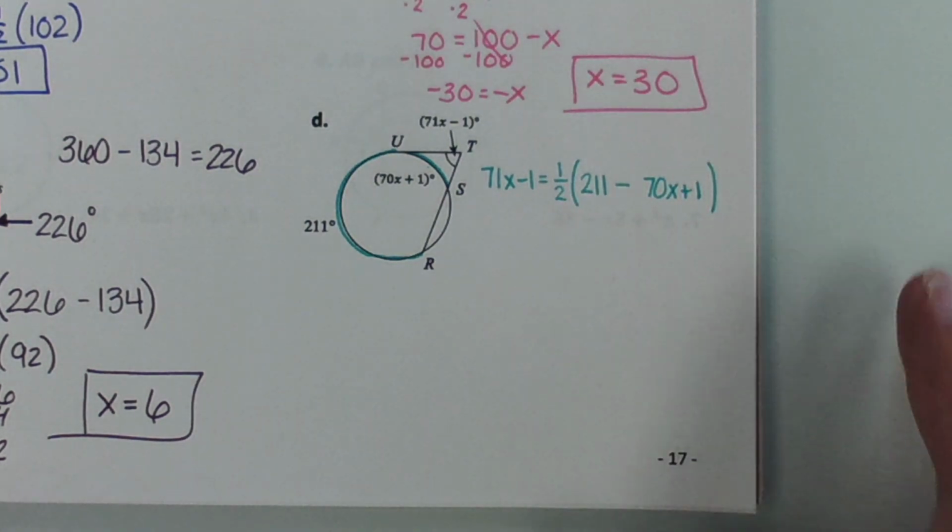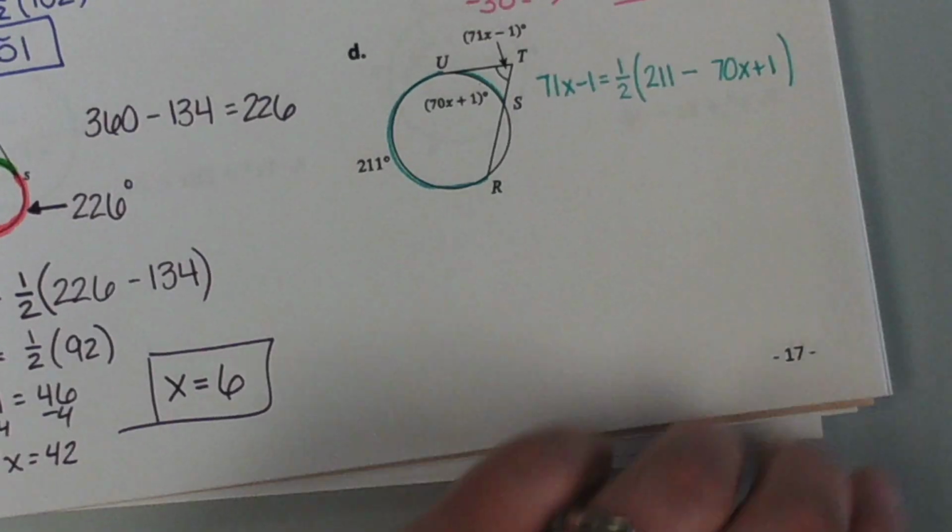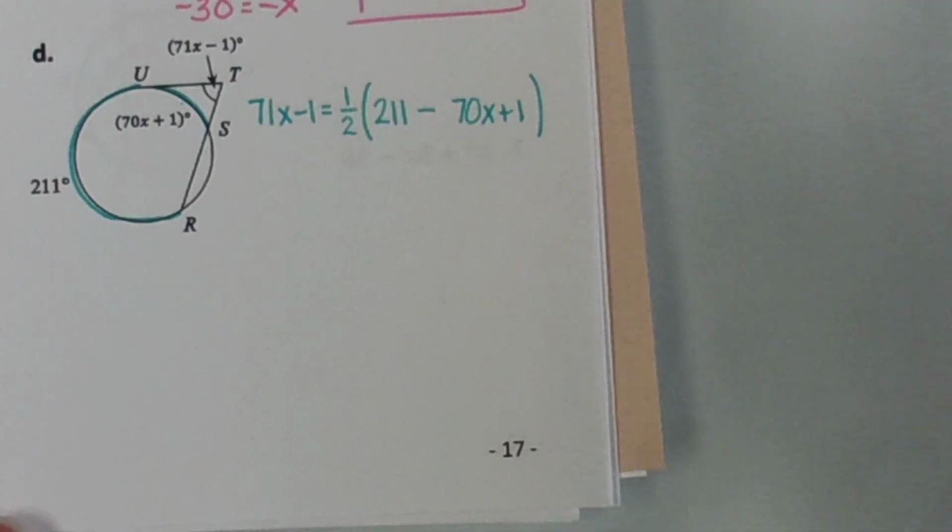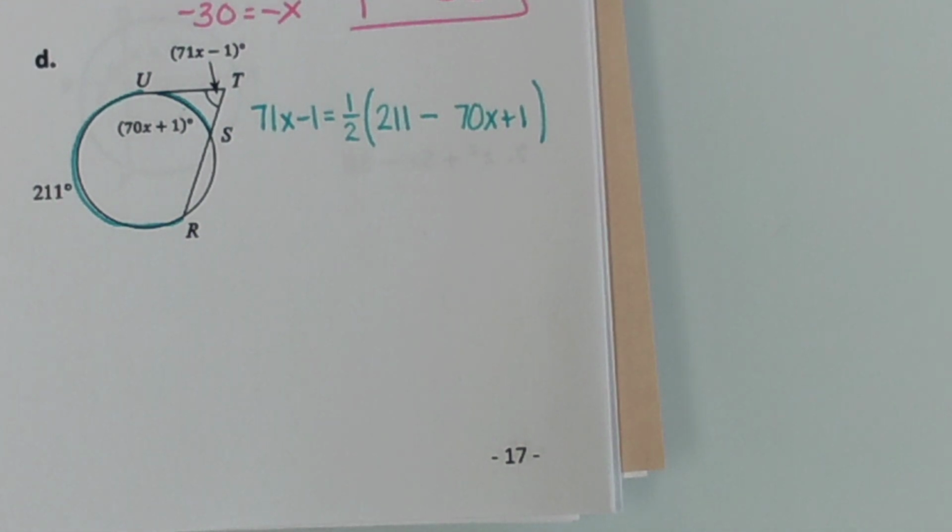The biggest problem comes with the setup, with making this formula, because I'm going to tell you right now this is technically not right. You don't need to erase it. There's just one tiny little problem. I'm supposed to do the bigger of the two arcs minus the smaller of the two arcs.